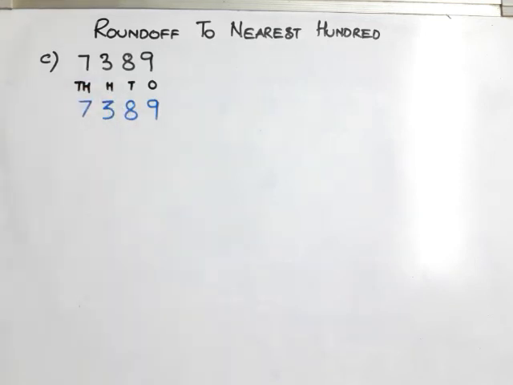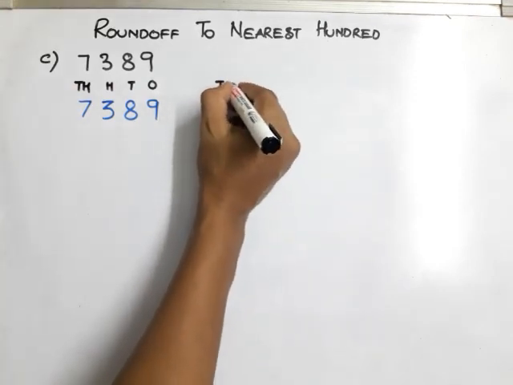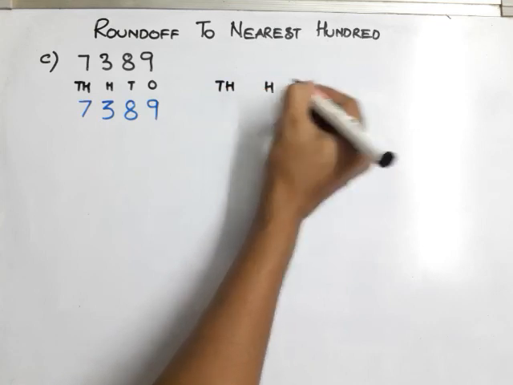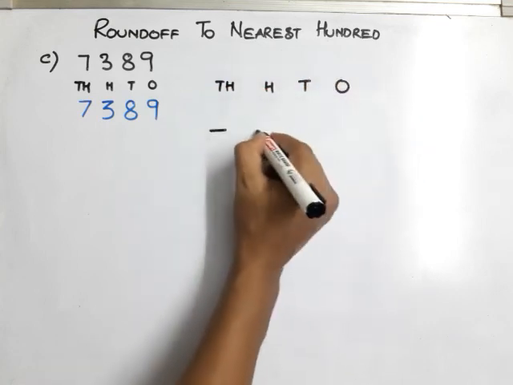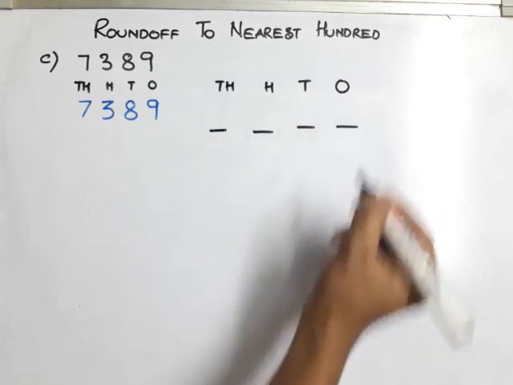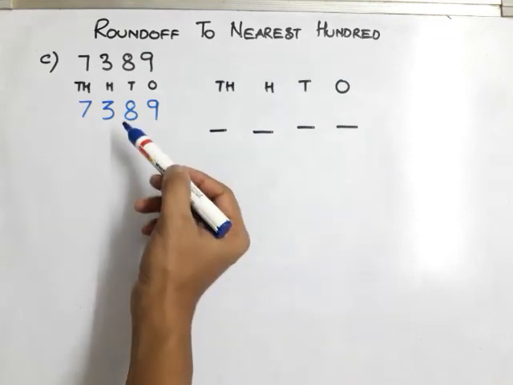The new number will also have thousands place, hundreds place, tens place and ones place. So let us start rounding off the given number.